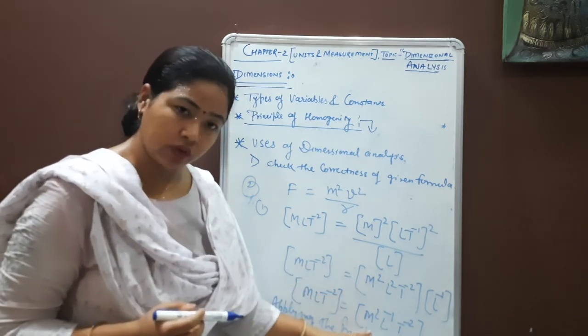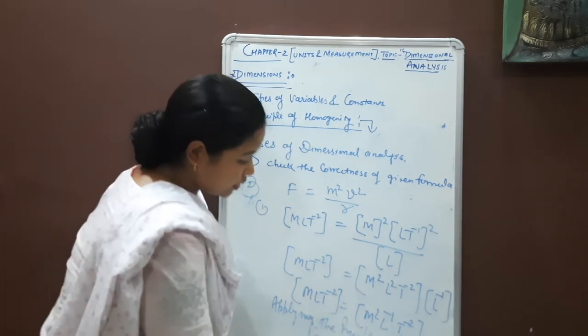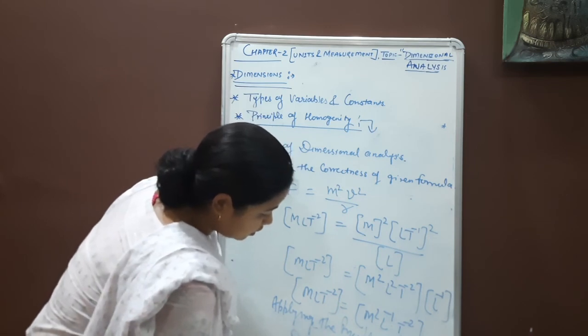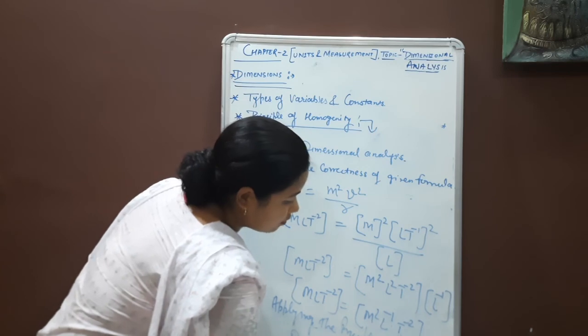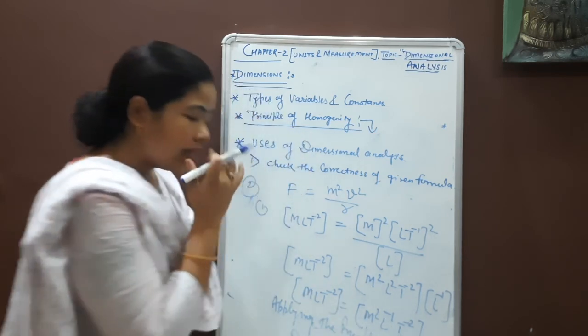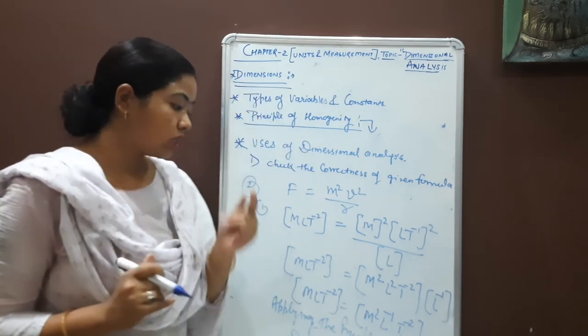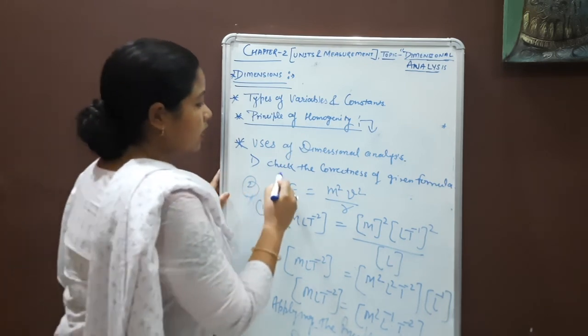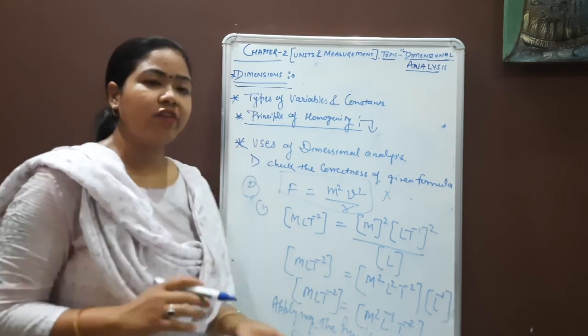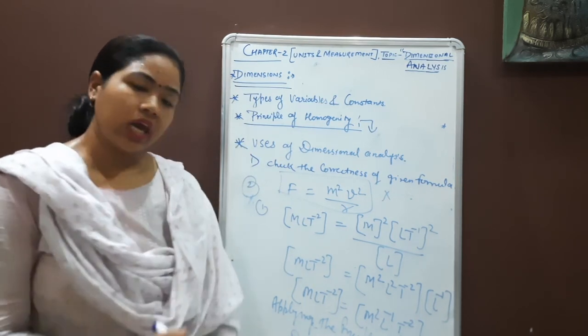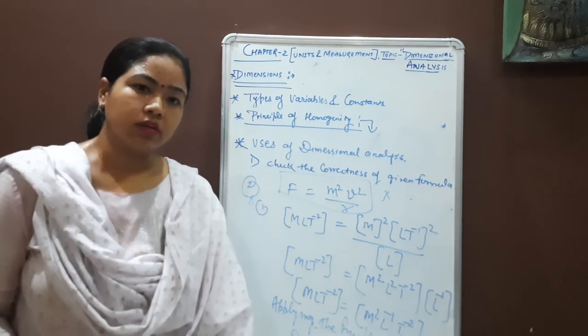So the dimension of the left side is not equal to the dimension of the right side. When the dimensions of both sides are not equal, then this formula is dimensionally incorrect. So similarly we can check the correctness of any given formula.